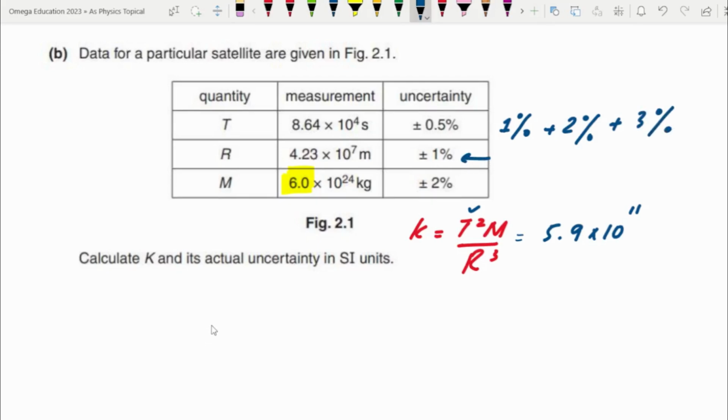So we get a total of 6%. But 6% of what? 6% of the principal value, so 6% of 5.9 into 10 to the power 11. Let me hit it on the calculator.